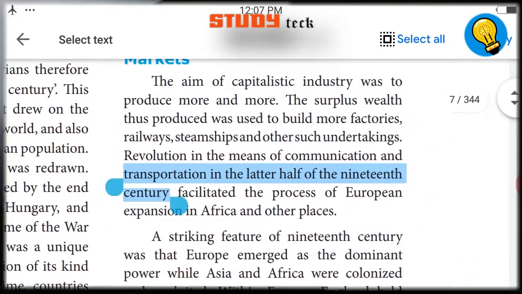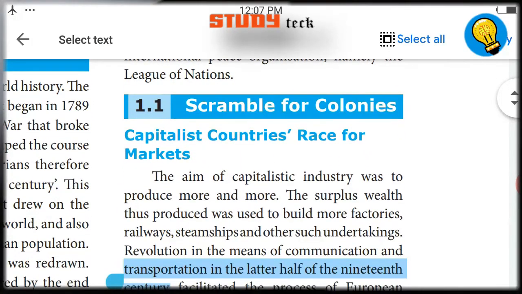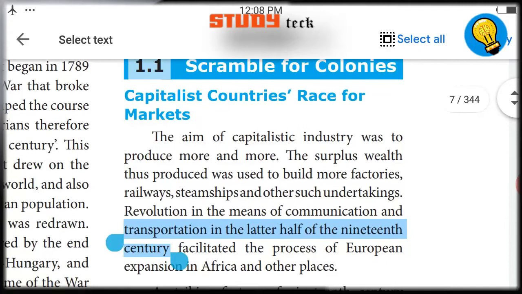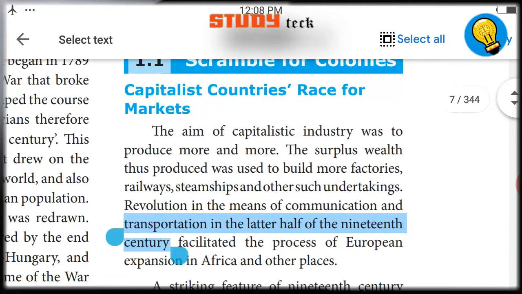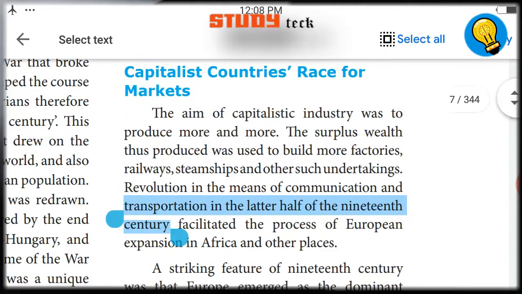Okay. Next, the scramble for colonies. Capitalist countries raced for markets. The aim of capitalist industries was to produce more and more. They produced more and more goods because they wanted more profit. The surplus wealth means the more profit.